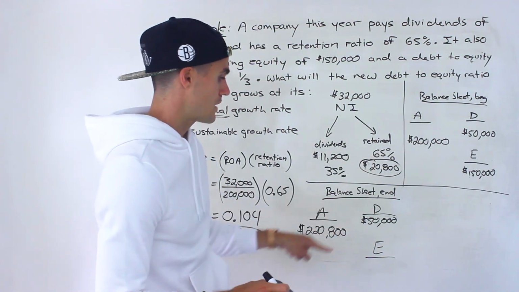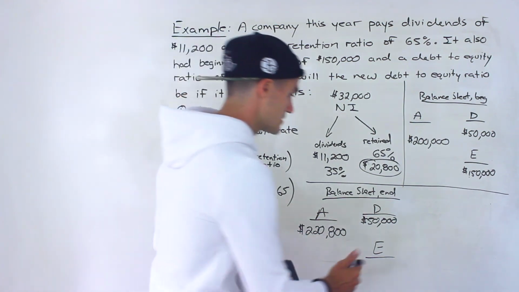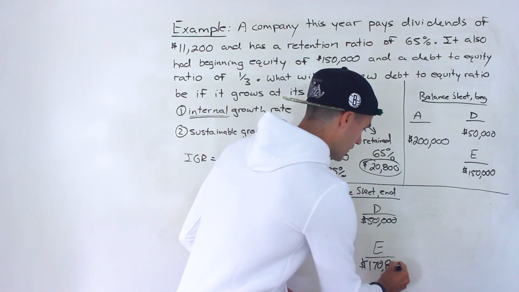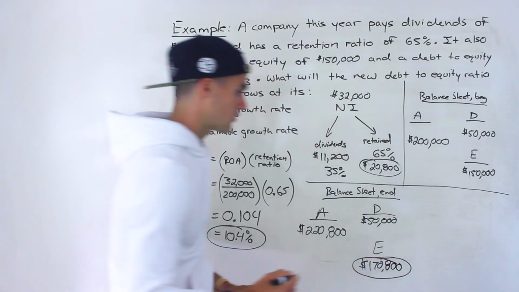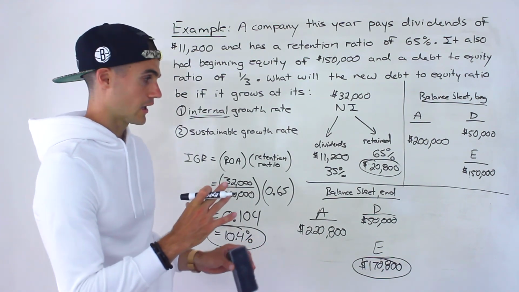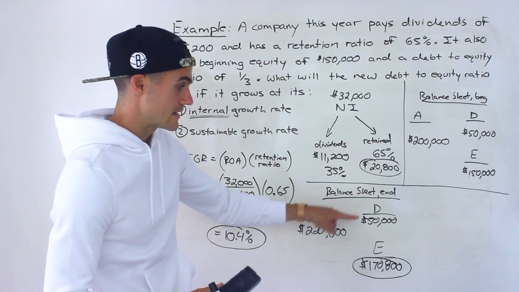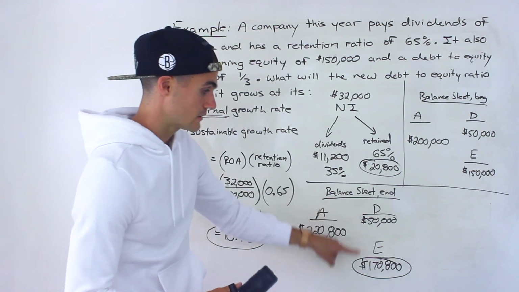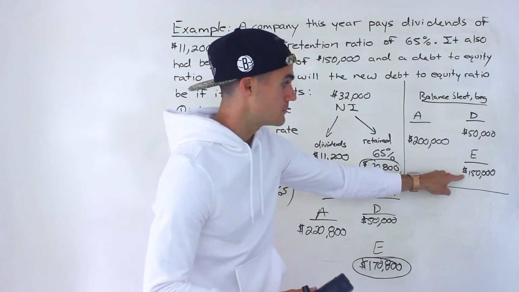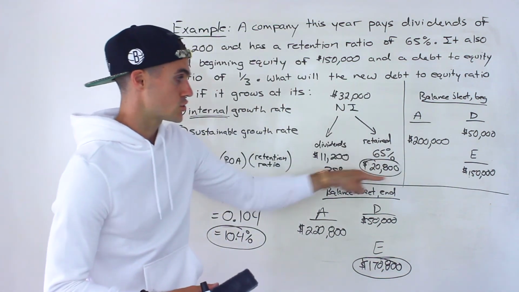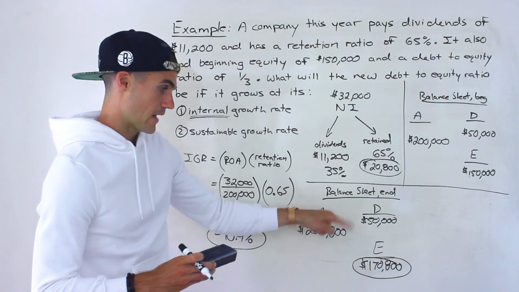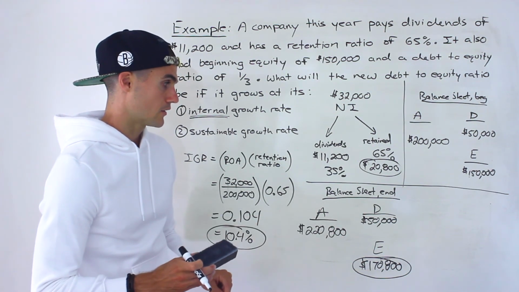So we could just put 50,000 here, subtract these, and you would get that same amount of 170,800, right? So this 170,800 checks out in multiple checkpoints, whether we get the debt first and then subtract these to get that equity, or if we find equity the manual way of taking the beginning equity and adding that addition to retained earnings, right? Both ways that equity is 170,800.